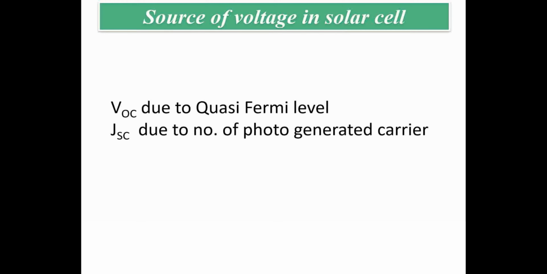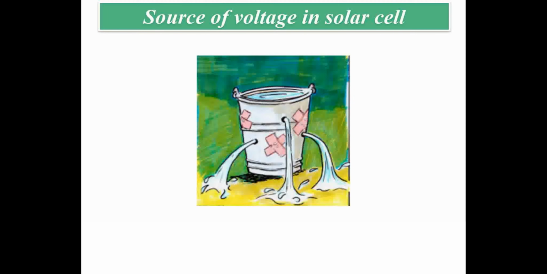The thing becomes something like this. You can imagine a bucket full of water. There is a tap causing water to be collected in the bucket, and the bucket has some holes. If these holes are more, the level of water will decrease.